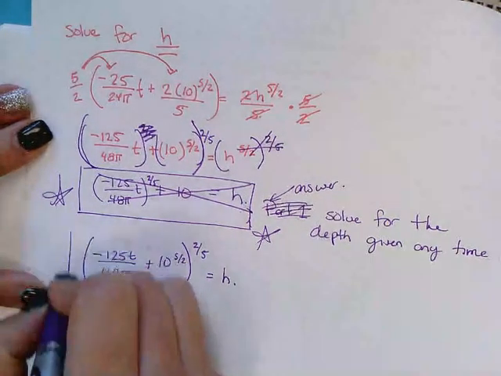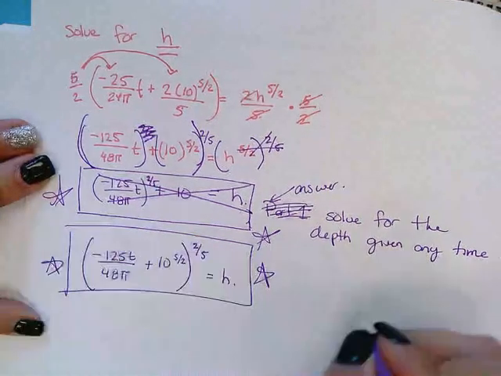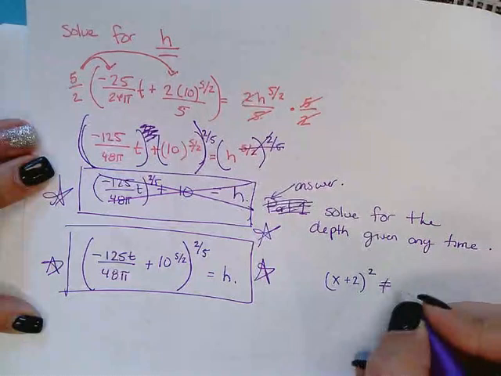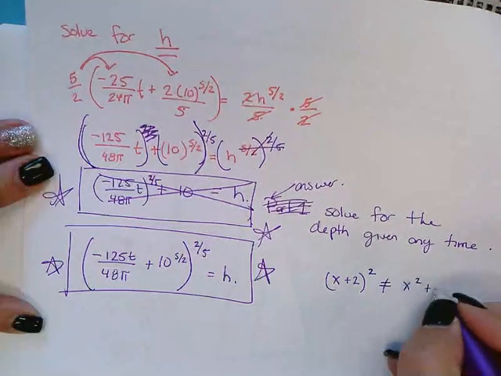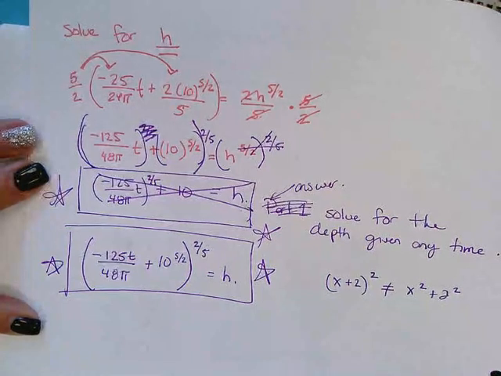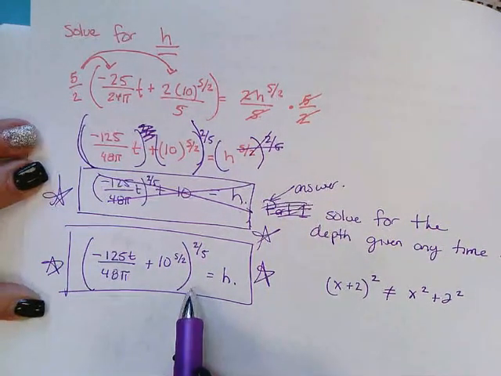Because remember, this is the actual answer. Because remember, if you have x plus 2 squared, that's not the same thing as x squared plus 2 squared. So that was one of my bigger mistakes, but please make sure that you fix that.